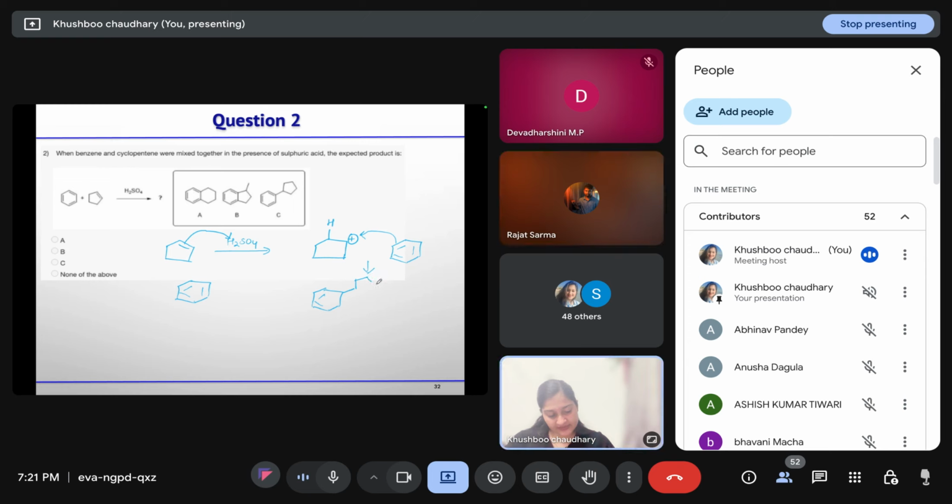C product. Correct. And after the loss of proton, it will form your product. So correct option is option C.